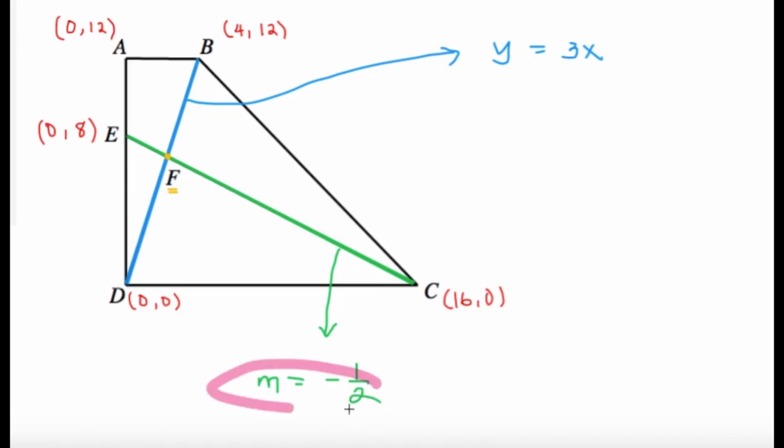Now the slope is negative 1/2. Let's use (16, 0) for the point-slope form. So y minus 0 equals the slope times x minus 16. We can simplify this a little bit, and we're going to get that the equation is y equals negative 1/2 x plus 8.